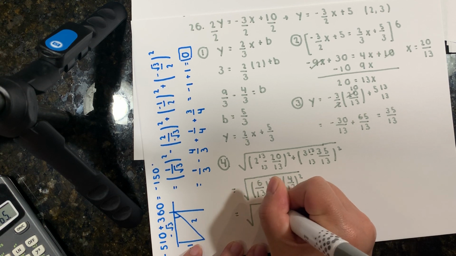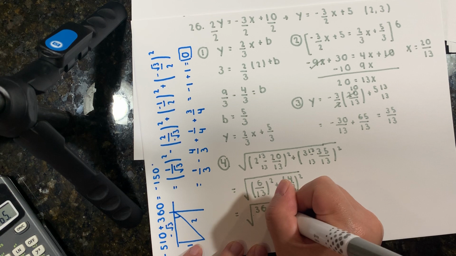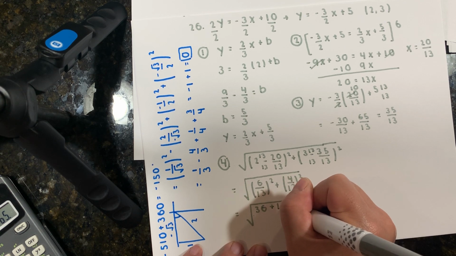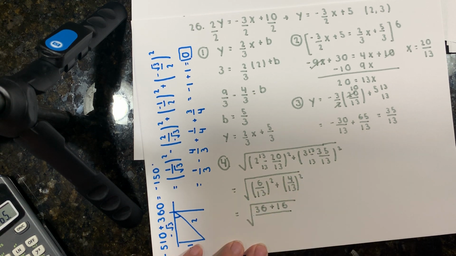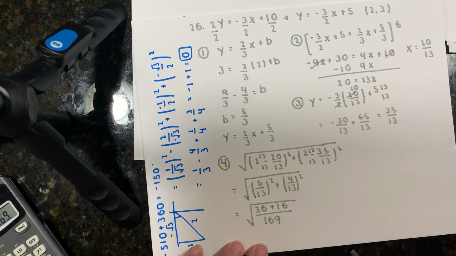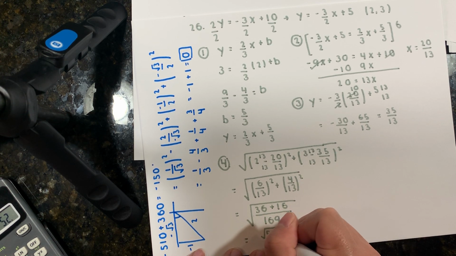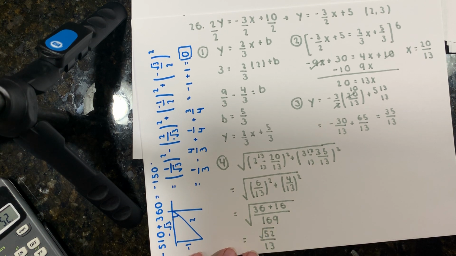So that's going to give me 36 plus 16 all over 169. And that would be the square root of 52 over 13.